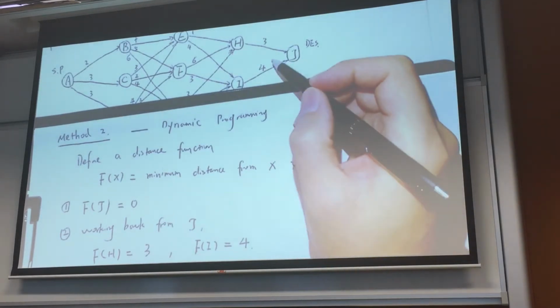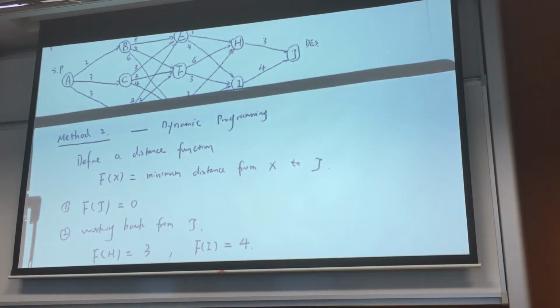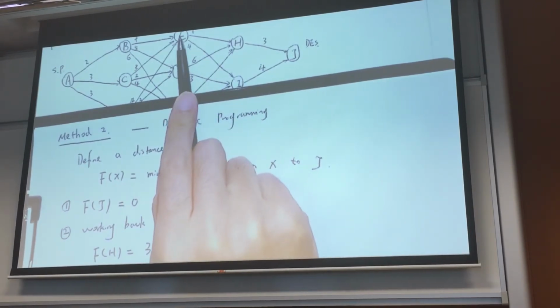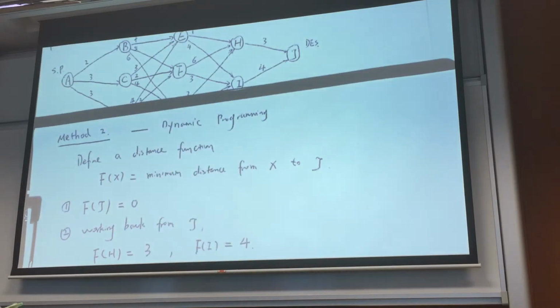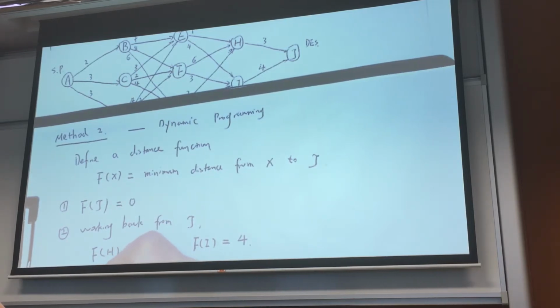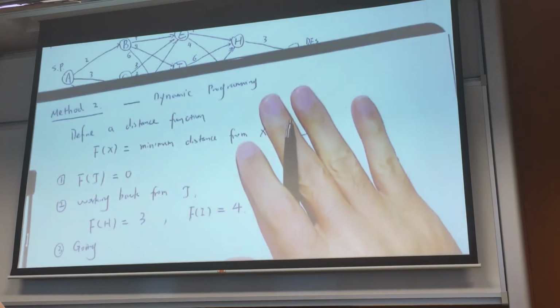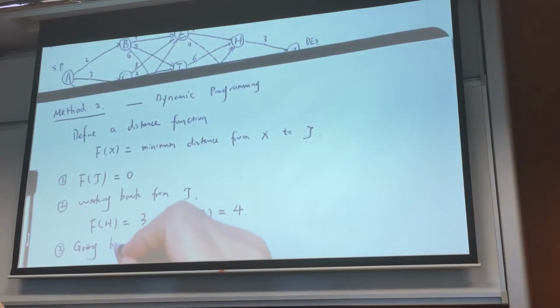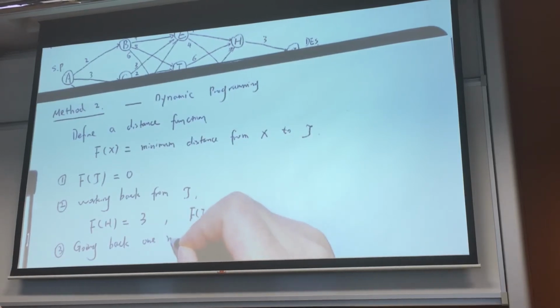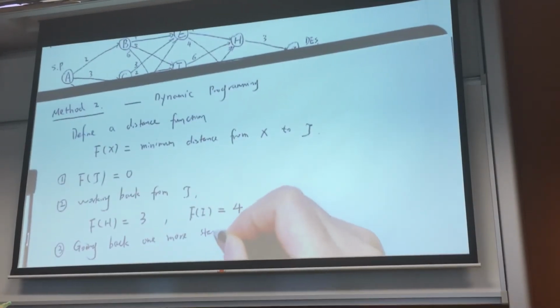Now we come to the second iteration. Next we go further backwards to the third step, going back one more stage.